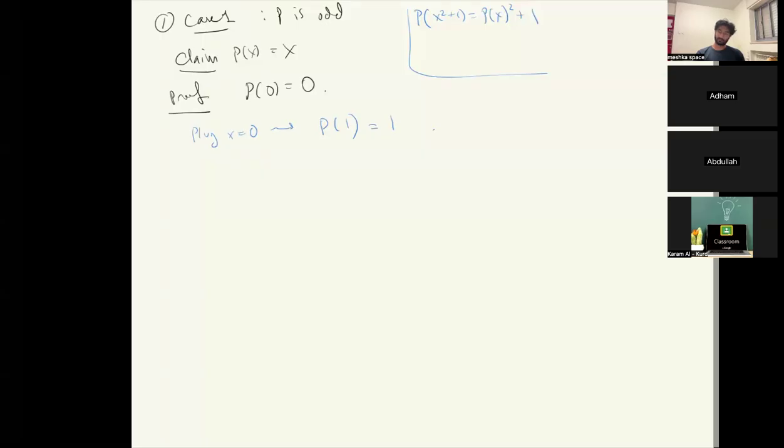We go back to the functional equation. We have p of x squared plus 1 equals p of x squared plus 1. If for some real number a, p of a equals a, then p of a squared plus 1 equals p of a squared plus 1. Since p of a is a, p of a squared plus 1 will equal a squared plus 1.